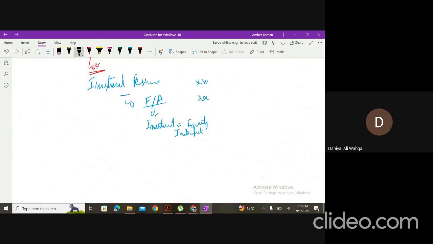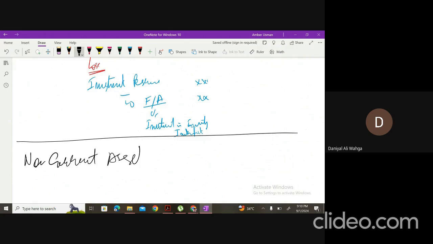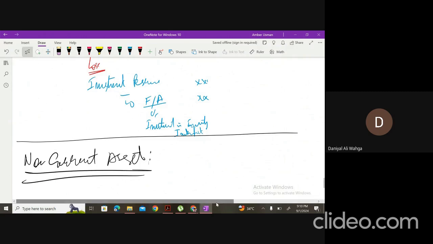So let's go towards the last part of our workshop, and that is basically our non-current assets or fixed assets. Can anyone tell me what are non-current assets? Any idea? Or you can also consider the fixed assets.